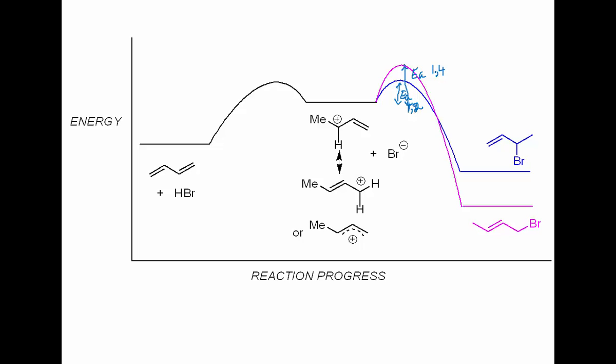So if we look totally at kinetics, remember that this is dependent on the activation energy, we would expect this product here to form faster than this product here because of this difference in activation energy. Okay? All right.